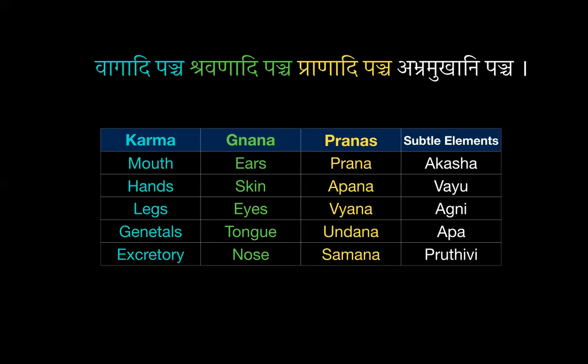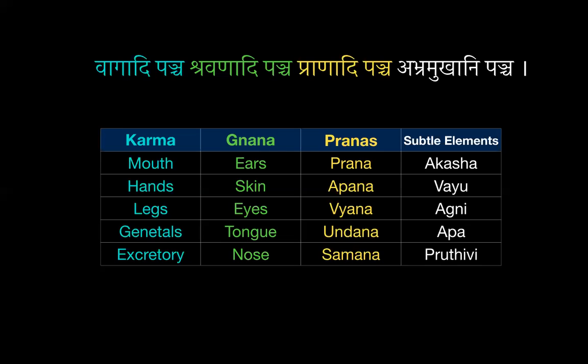Next puri is abhramukhani pancha. Bhuta puri, pancha bhutas, but these are all apanchikrita panchabhutas, meaning these are all the panchabhutas in its original state before undergoing the intermixing. So we all know Akasha, Vayu, Agni, Apa, Prithvi.